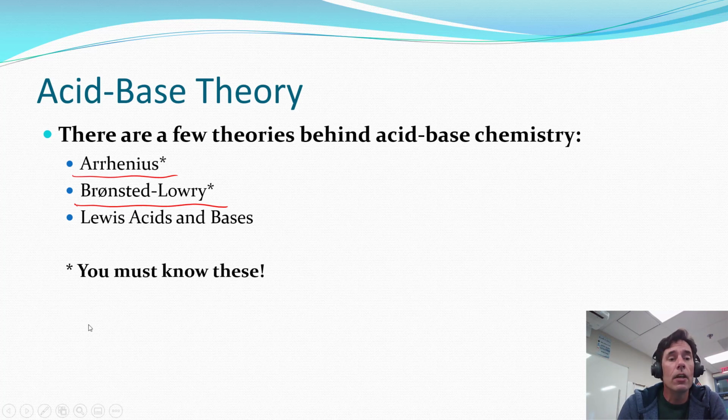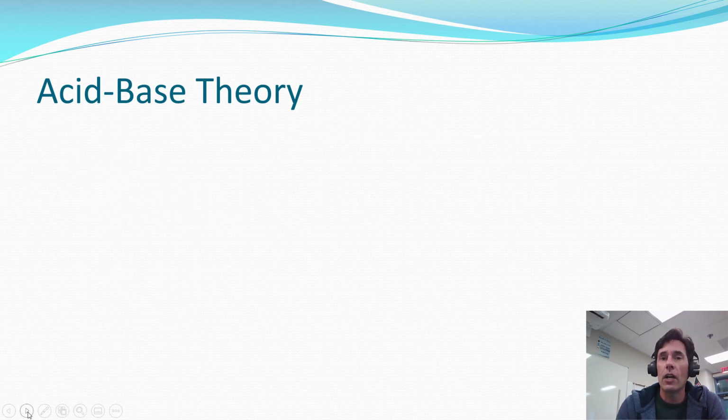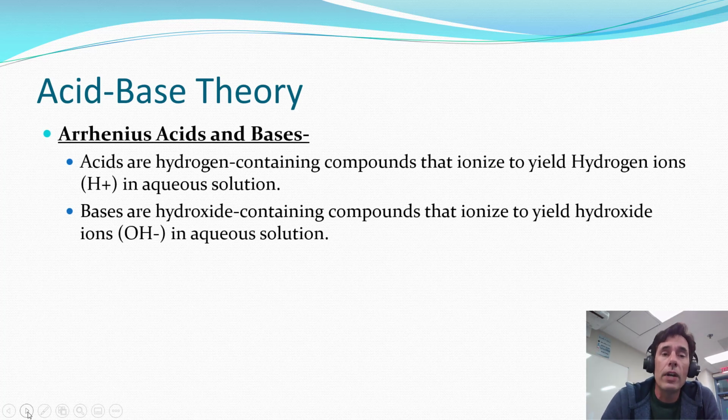Okay, so let's start with Arrhenius. Now, Arrhenius was the first to come up with the idea of what an acid and what a base is by looking at what it produced. And in particular, Arrhenius made the definition that acids are hydrogen ion or hydrogen containing compounds that ionize, meaning form ions of hydrogen ions in aqueous solution.